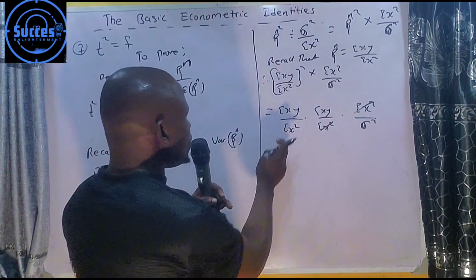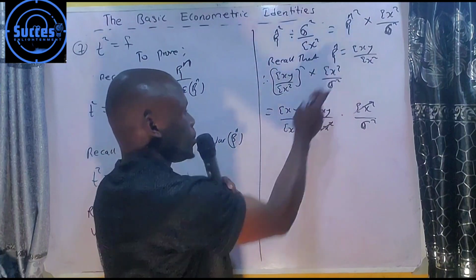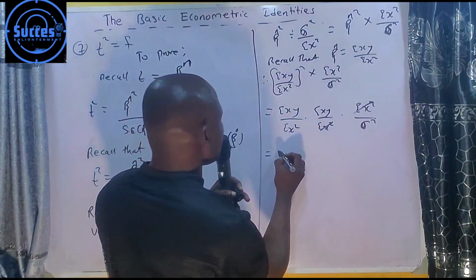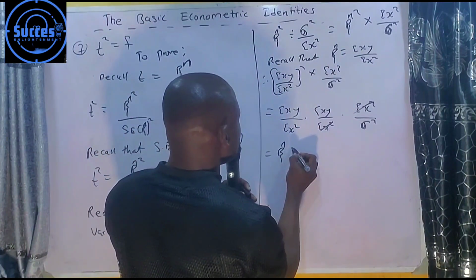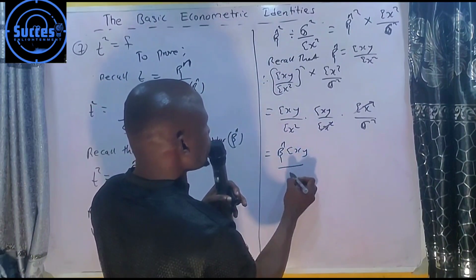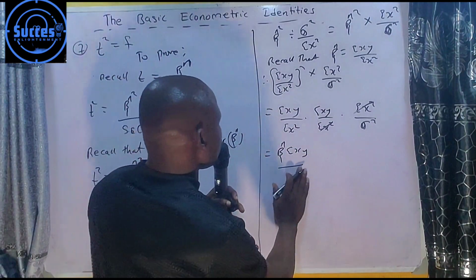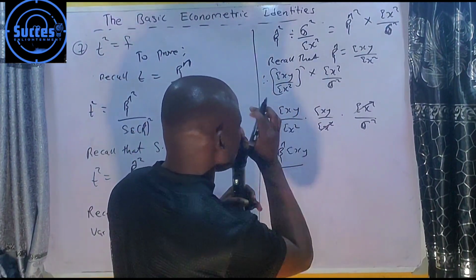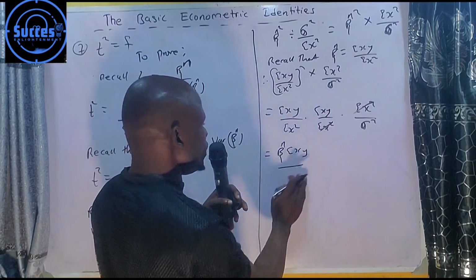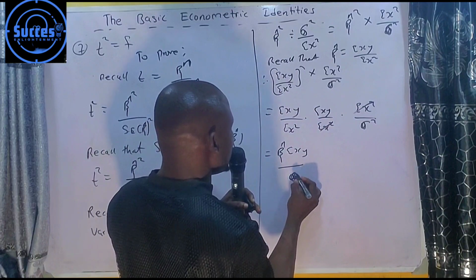Take this out. This is still the same thing as our beta cap, right? So therefore what we have is beta cap summation xy all over sigma square.